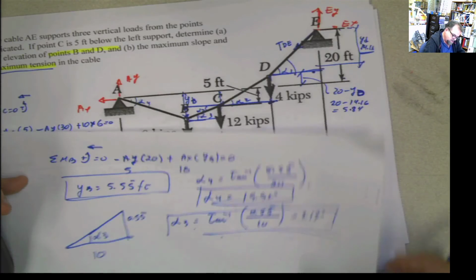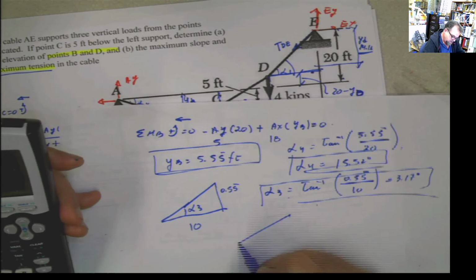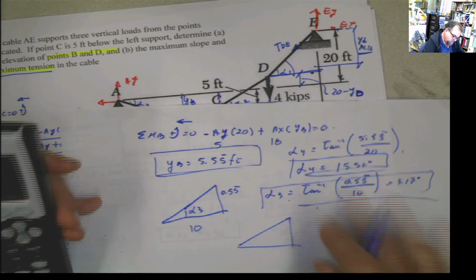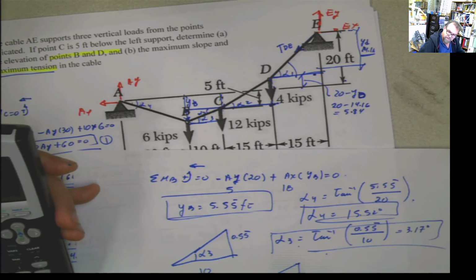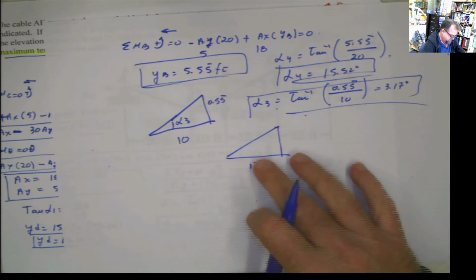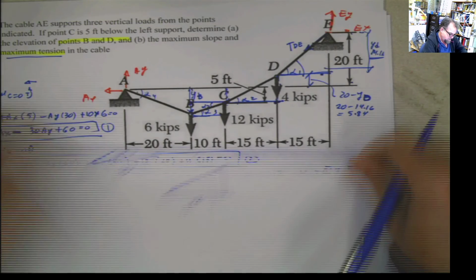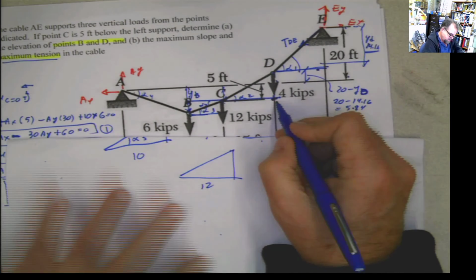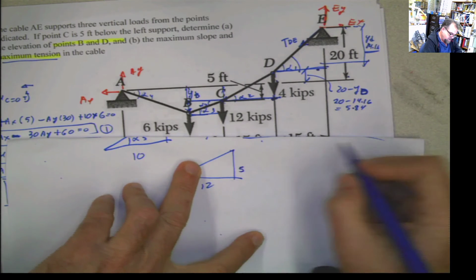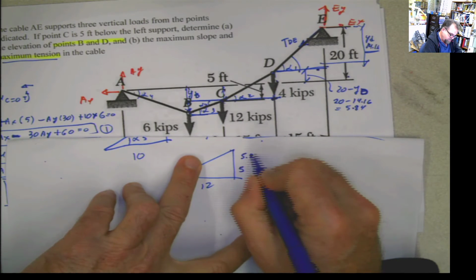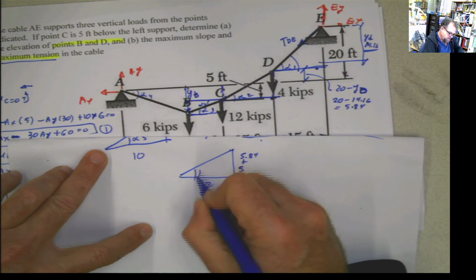5.84 is this, and this is 5. So for the last triangle, we have this is 12, this is 5, and this is 5.84, and this is alpha 2.